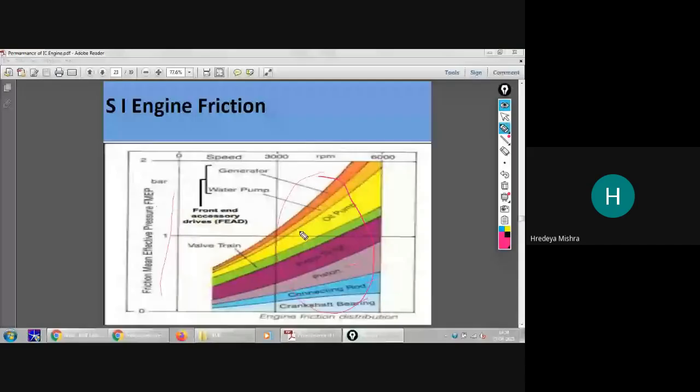Losses are there in the engine. So we can see how much losses there are. That's why we get a reduction in brake power.